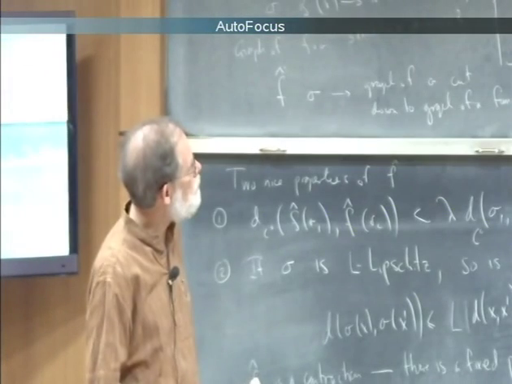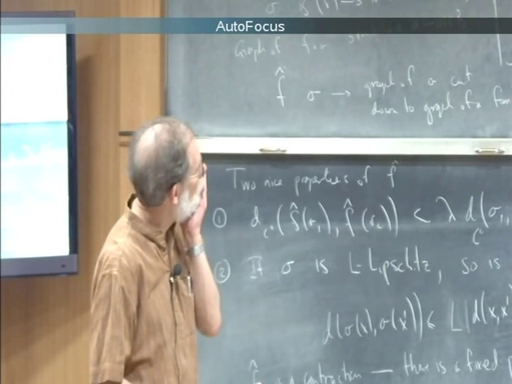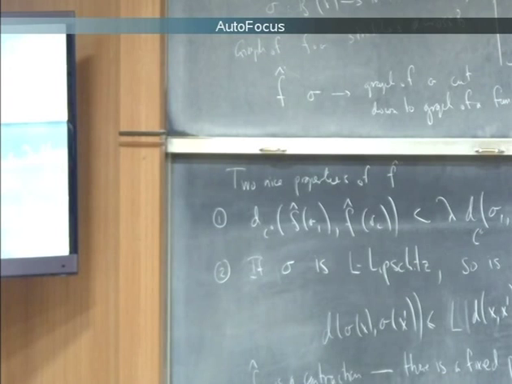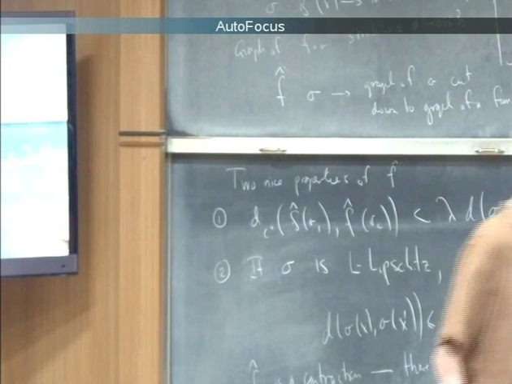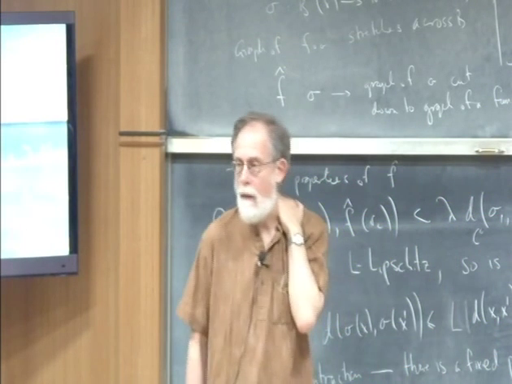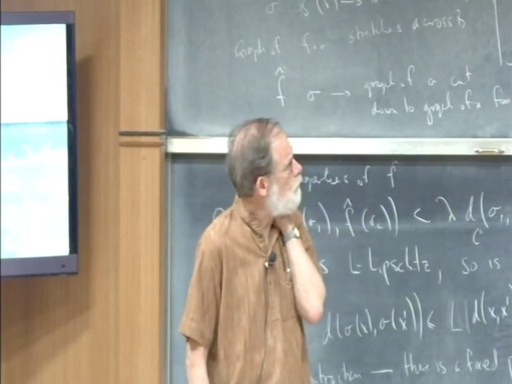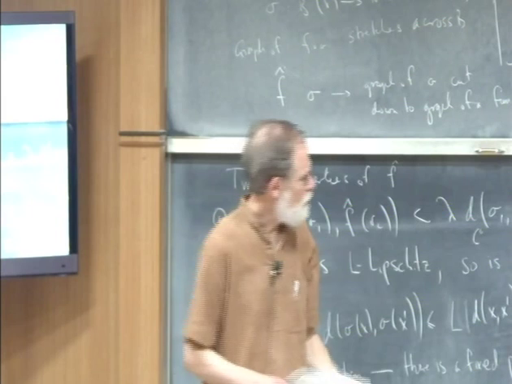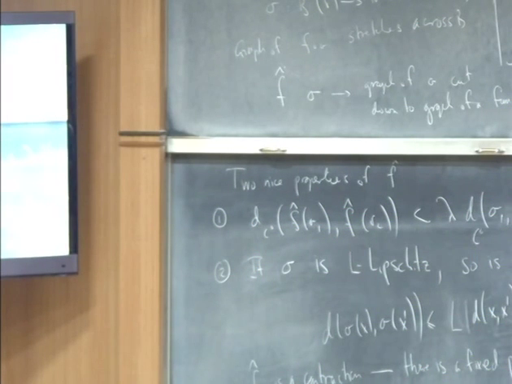If it's linear on fibers, then the only invariant section will be zero. I guess that's true. So I guess I didn't mean linear. We'll see what I do mean. What I have in mind has something to do with linear.